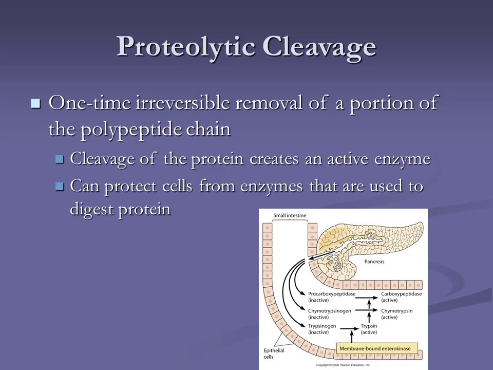But I think you can imagine, once you cut off the protein, are you ever going to get it back on? No. That protein is done. You got to make more. So covalent modification in some instances is a permanent change, especially this proteolytic cleavage one.